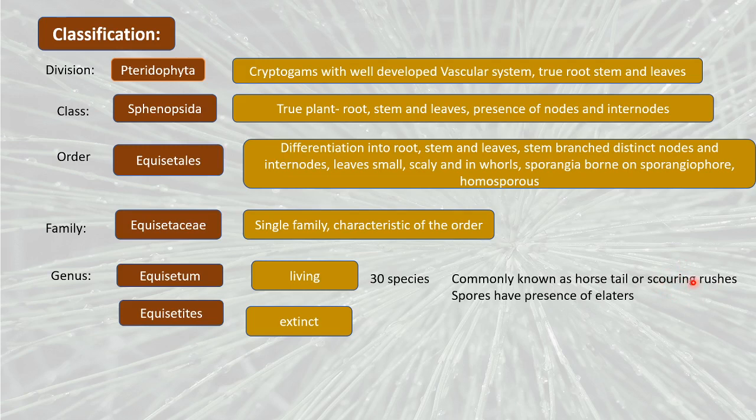Then it has spores, and the spores have elaters. We will look into the structure of spores later on. So these are the characteristics of Equisetum. These are distributed all over the world, as I told before.